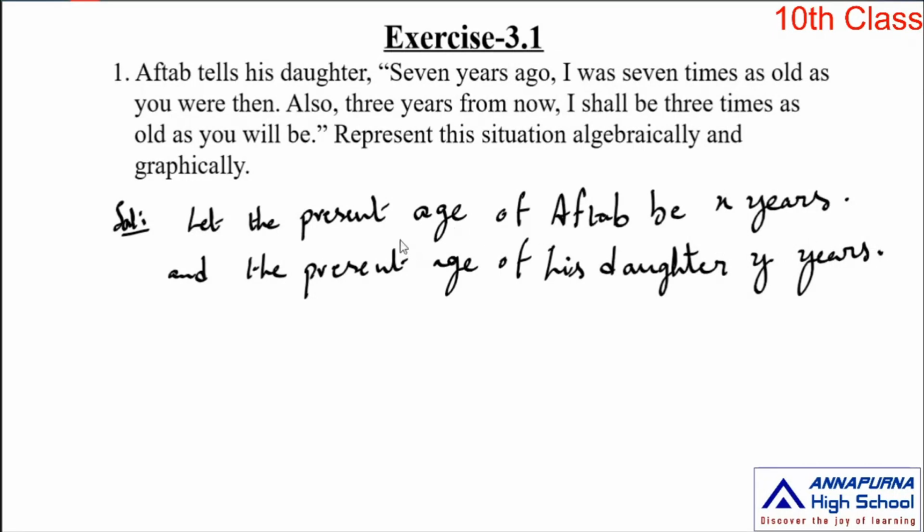Okay, so these two quantities are the two unknowns in this situation. So we take the two unknowns as x years and y years. Present age of Aftab is x years and the present age of his daughter is y years.